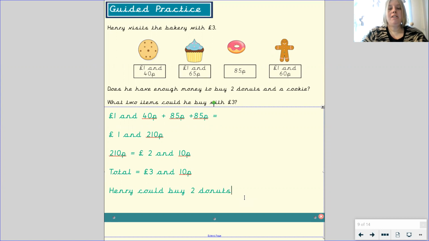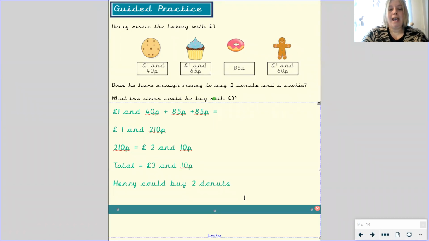So my calculation would be 85p add 85p equals. So the first thing I need to do is to add 85p and 85p together.